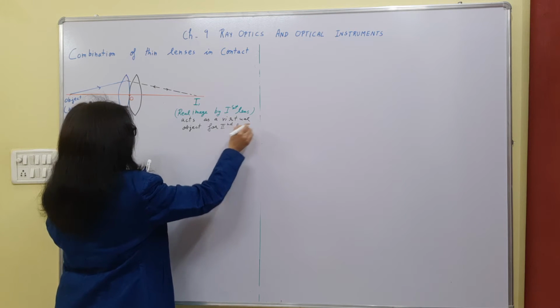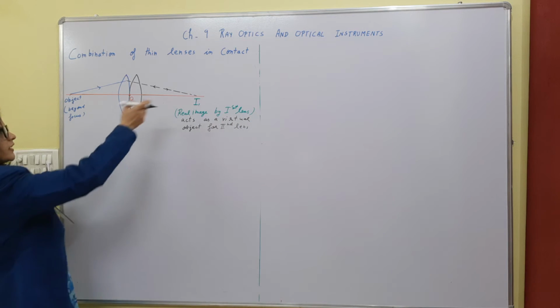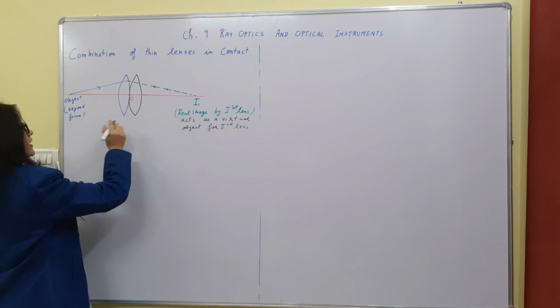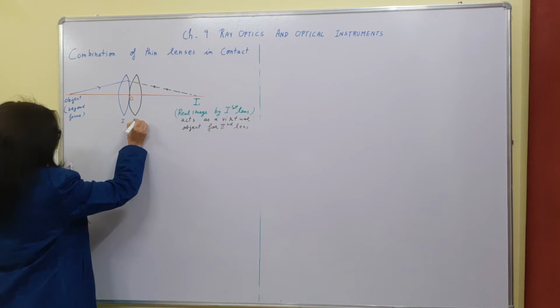Why virtual object? Because it is not actually present here, but it is serving as an object for the second lens. So this is our first lens, this is our second lens.